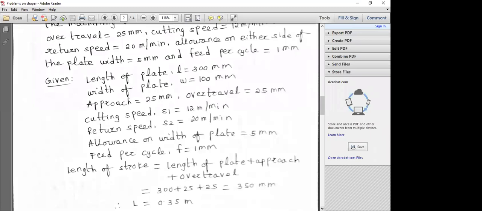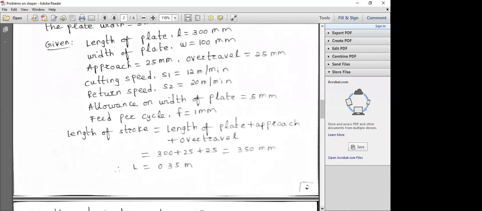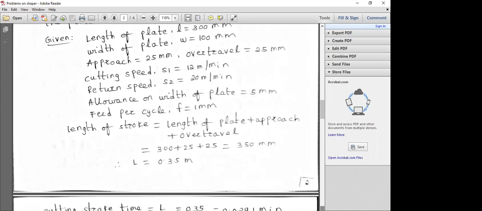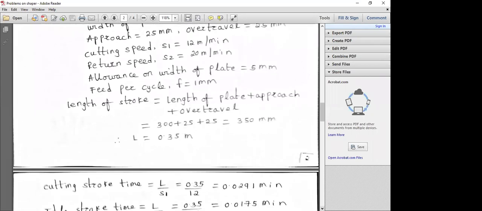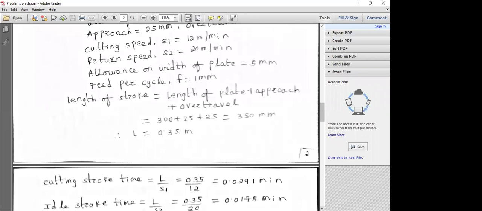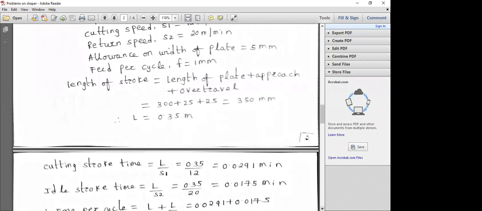Whatever material is there, we will be specifying. But here in the theory, we are not worried about the material, because in the practicals, according to the material, we'll use the type of tool suitable to that particular work piece material. So you have to be conscious of these things.